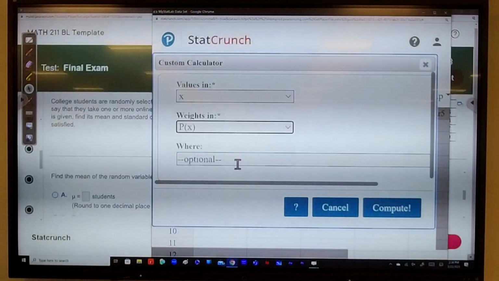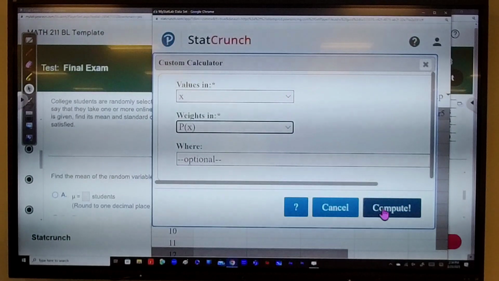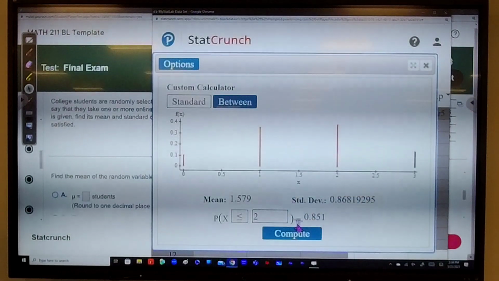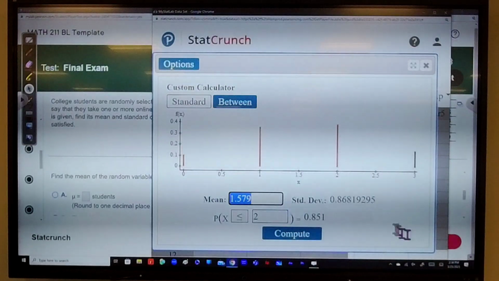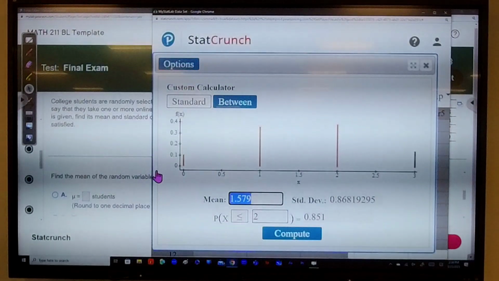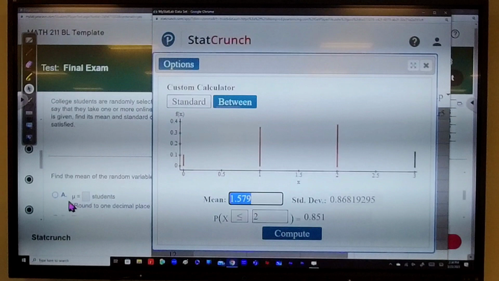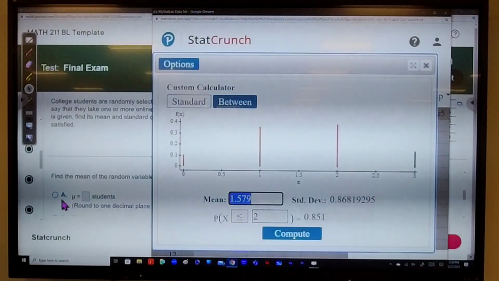Values are in X, the weights are the probabilities. Expected value is 1.579, and then there's my standard deviation. They wanted just 1 decimal place, so I'll put 1.6 and 0.9.